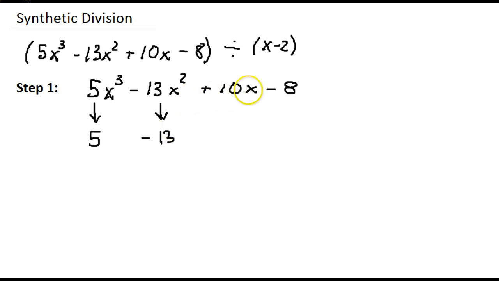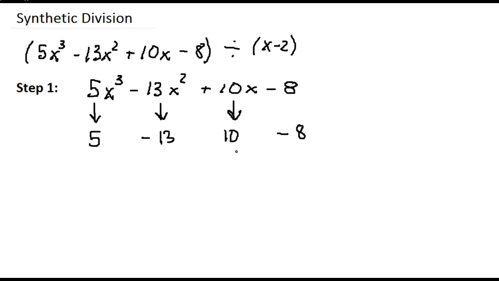And then we have plus 10x. So we pull down underneath that and we write it as 10. And then the last one, we just pull down as a negative 8. We have no variable on that one. So now we have just the coefficients in order left to right: 5, negative 13, 10, and negative 8.